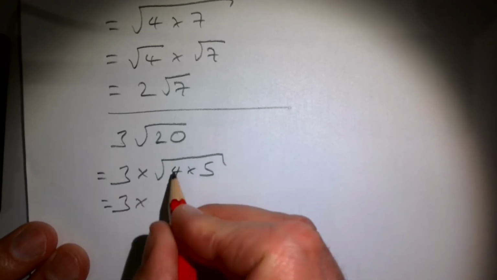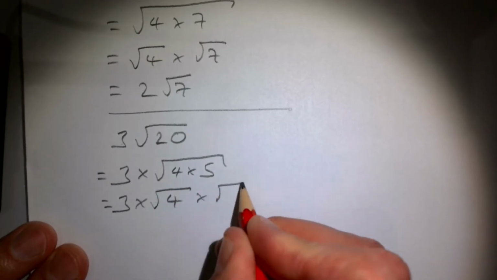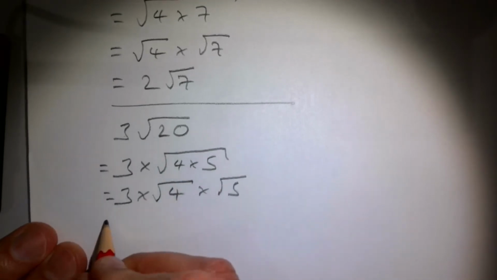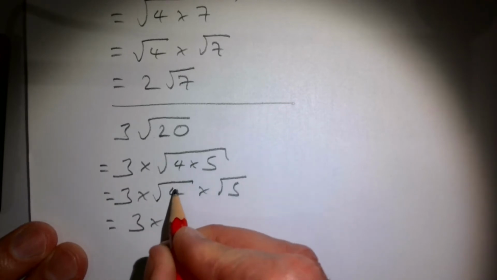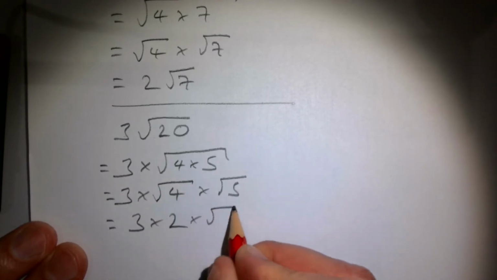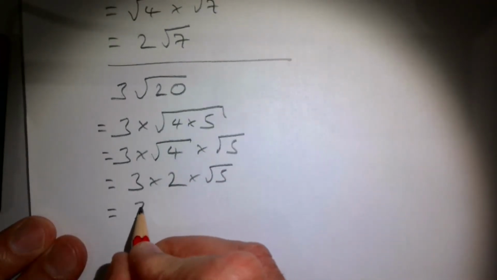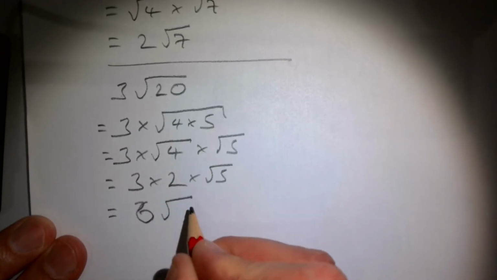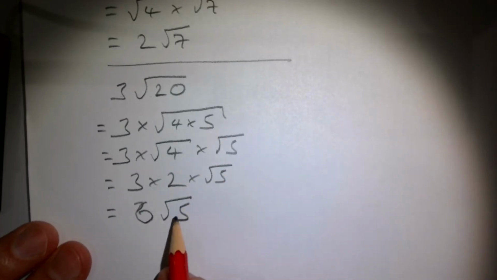Our rules of surds say we can separate this out: the square root of 4 times the square root of 5. 3 times 2, because that's the square root of 4, times root 5. That's then going to be 6 root 5. 3 times 2 gives us a 6, and then root 5.